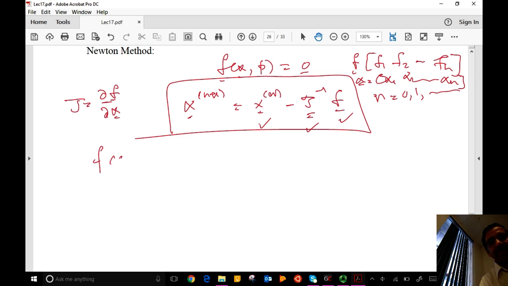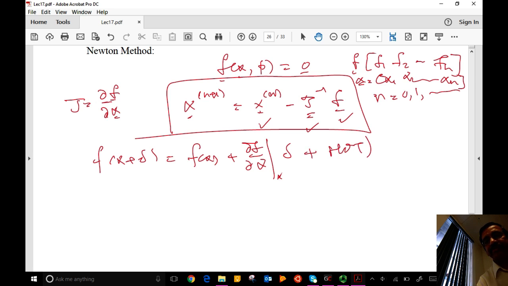So f of x plus delta is equal to f of x plus df/dx evaluated at that x multiplied by delta, plus all the higher order terms in the series, the second derivative, the third derivative, etc. But we don't include that in the Newton method.